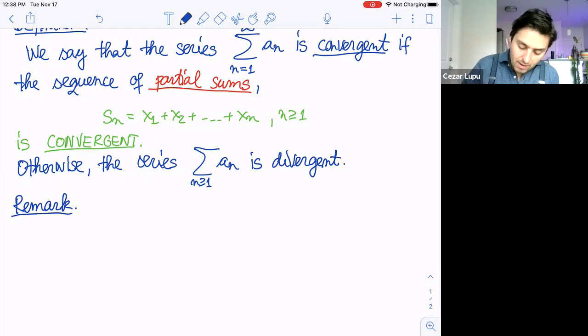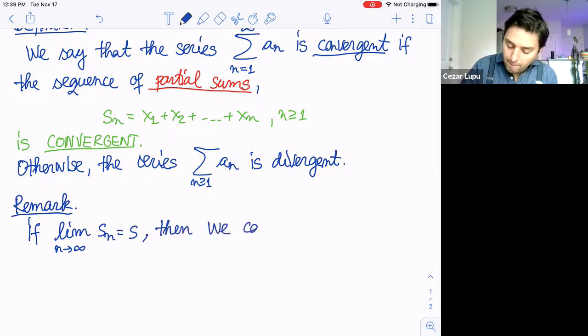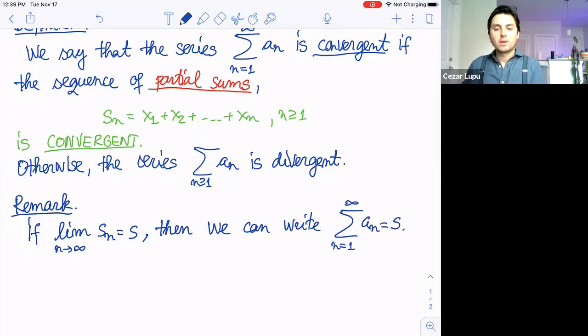So if the limit as n approaches infinity of Sn is this number S, then we can write the sum of this series from n equals 1 to infinity of an equals S. We can write it in this way.